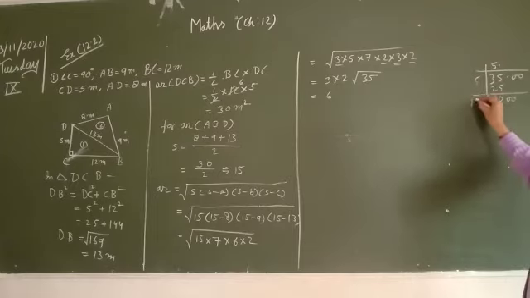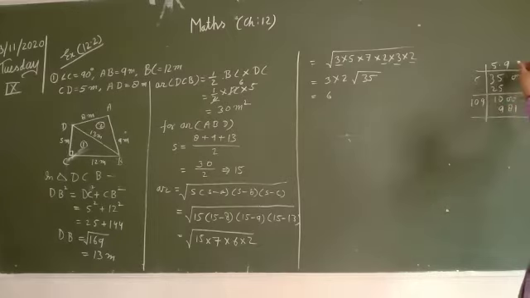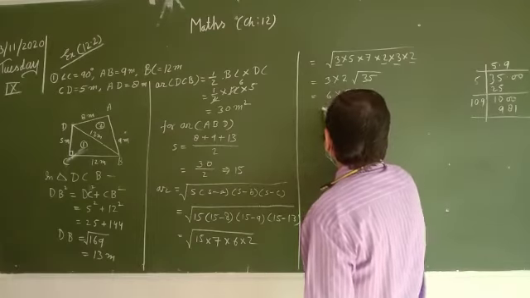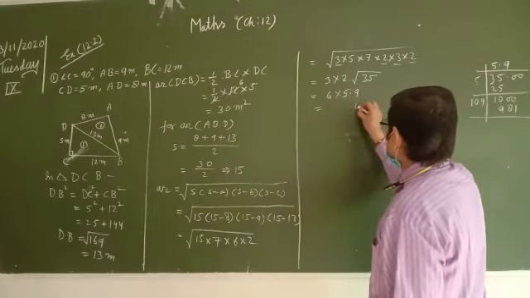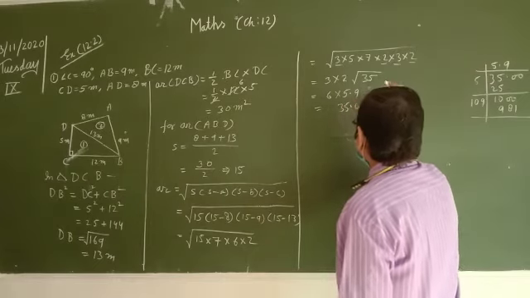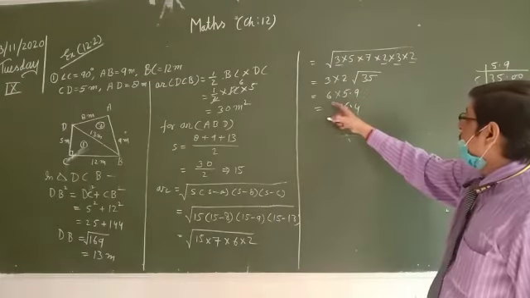Putting 9 leaves something, so root 35 is approximately 5.9. Multiply 6 into 5.9, which gives 35.4. Just check.